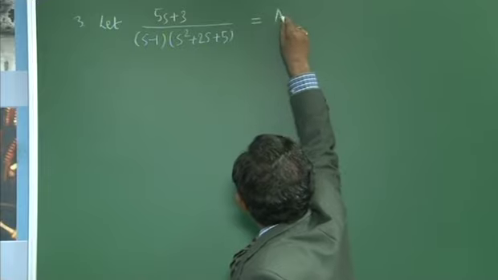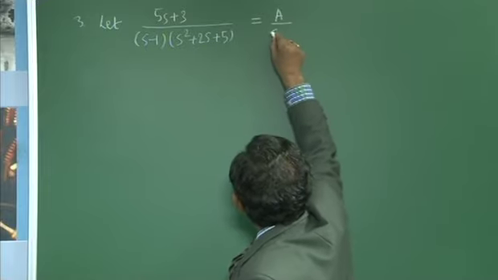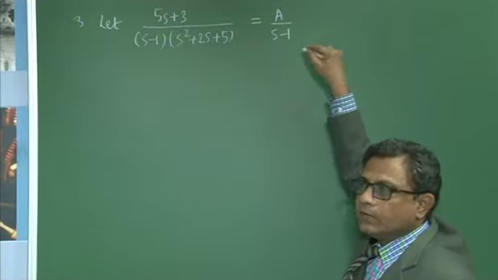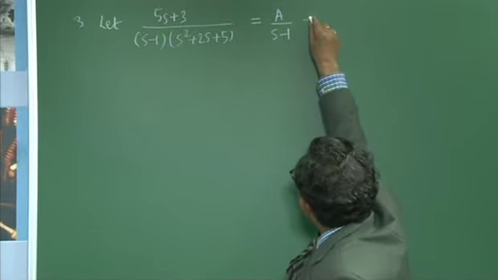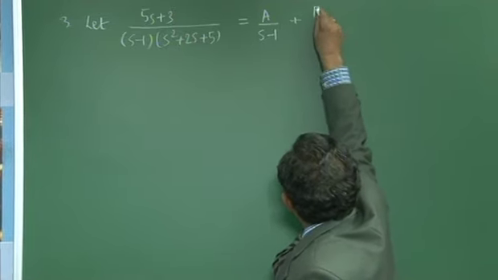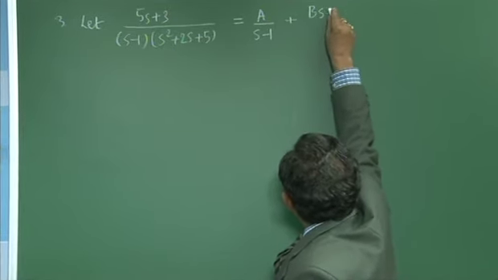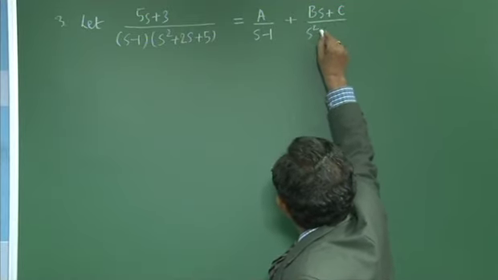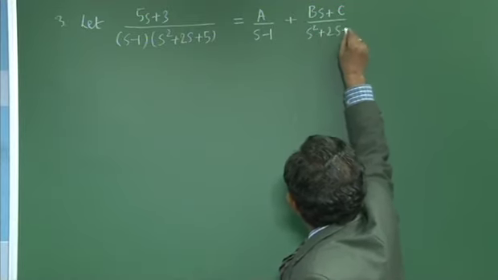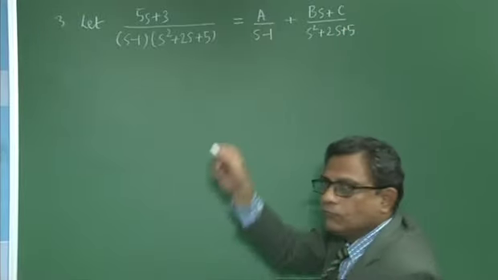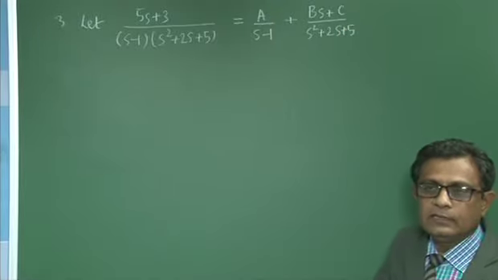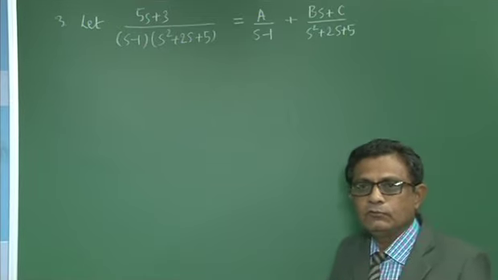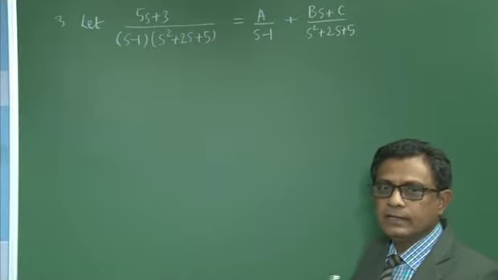We know how to write this. For the linear factor it is a constant divided by the linear factor, a divided by s minus 1. For the quadratic factor you write a linear factor, bs plus c, divided by the quadratic factor s square plus 2s plus 5. Here there are three constant values a, b and c.